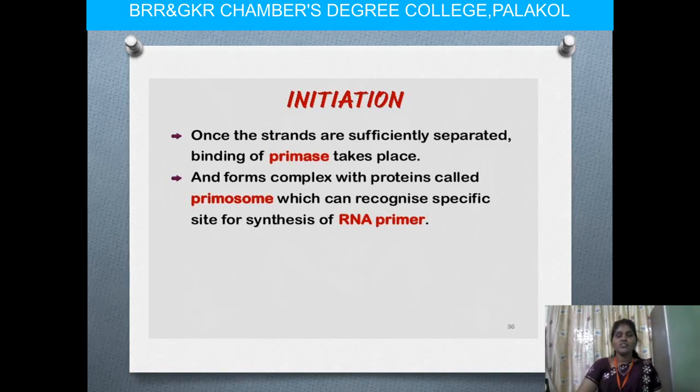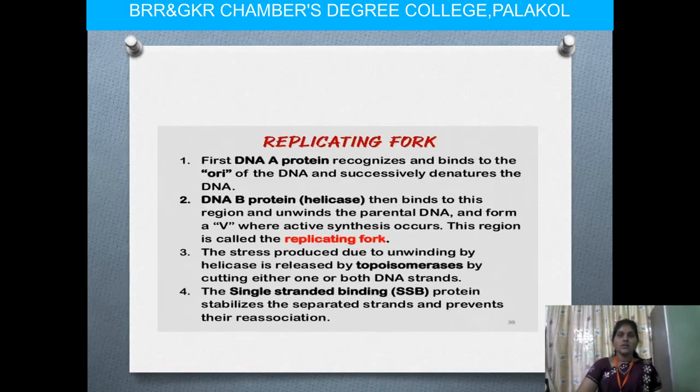It will form the primosomes, which can recognize specific sites for the synthesis of the RNA primers. So here the replication fork will be formed. During this we can produce some bubbles, which we call the replication bubble.